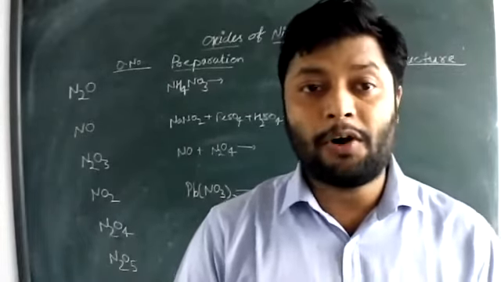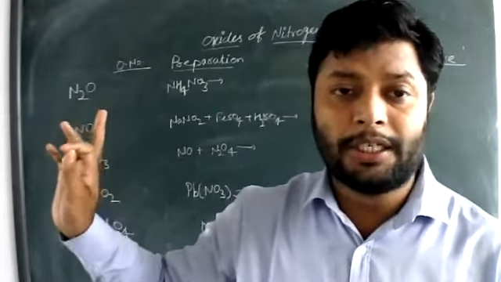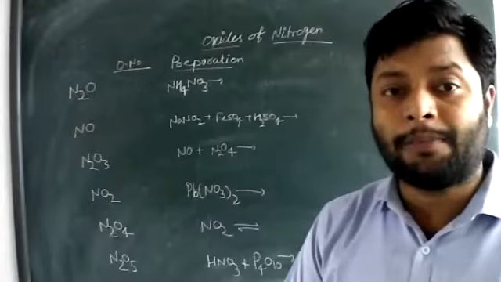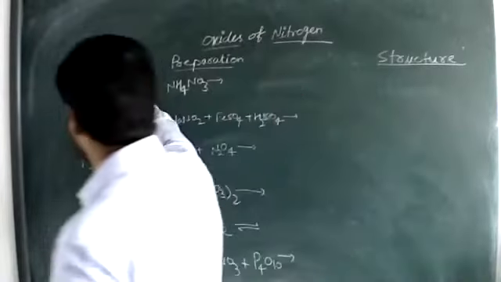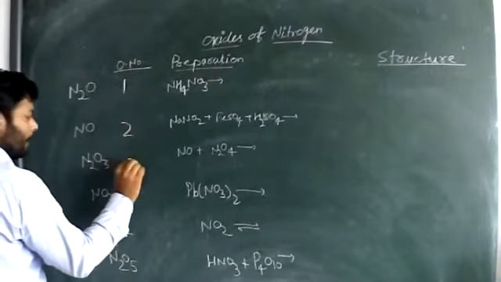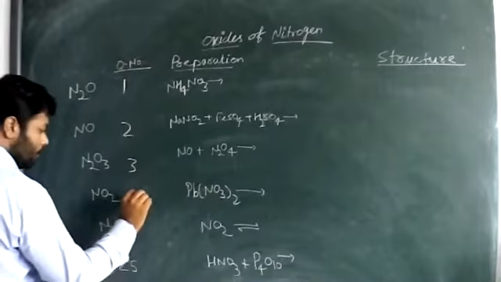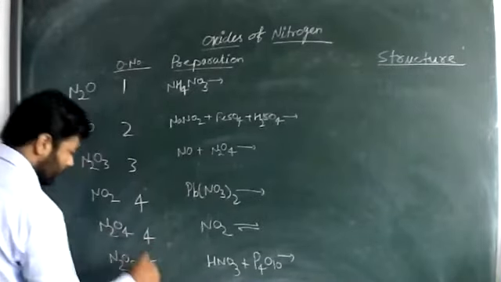The first property will be oxidation number. Just compare the nitrogen with oxygen. You can get the oxidation numbers on the board: +1, +2, +3, +4, and +5.